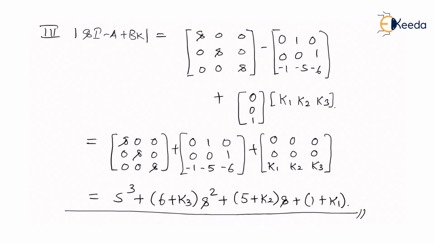Step number 4, we are going to go for the comparison part. Determinant of sI minus A plus BK is equal to the desired expression. So we need to compare now.